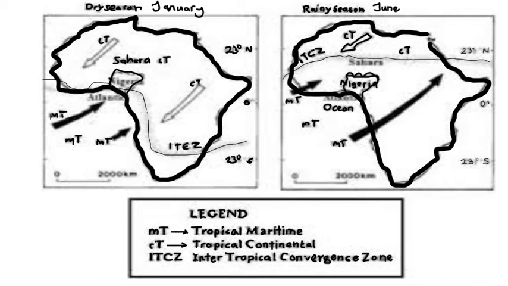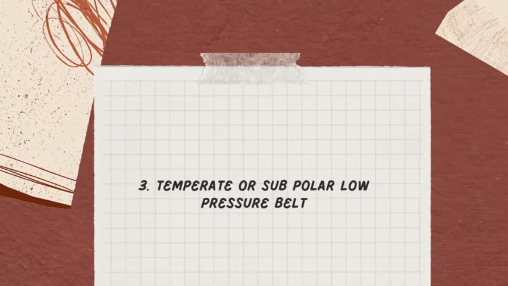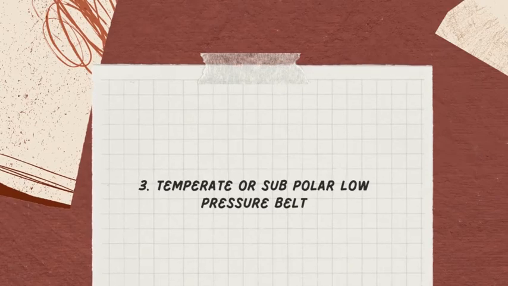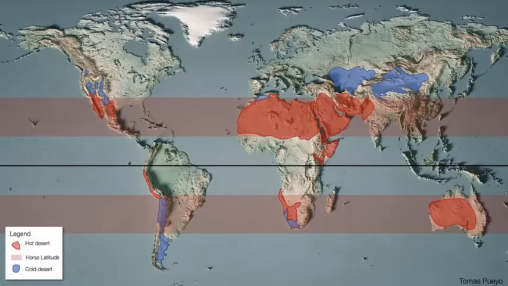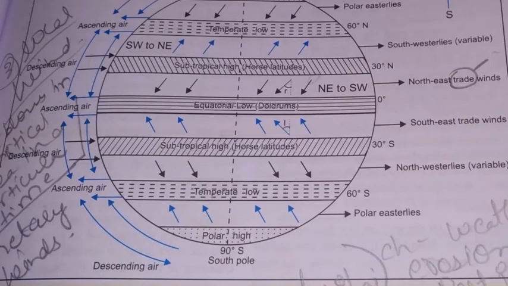From this same subtropical high pressure belt, wind also flows into the third belt, called the temperate low pressure belt, both in the northern and southern hemispheres. But the twist in the tail is that the subtropical high pressure belt in the north lies southward of the temperate low pressure belt in the north.